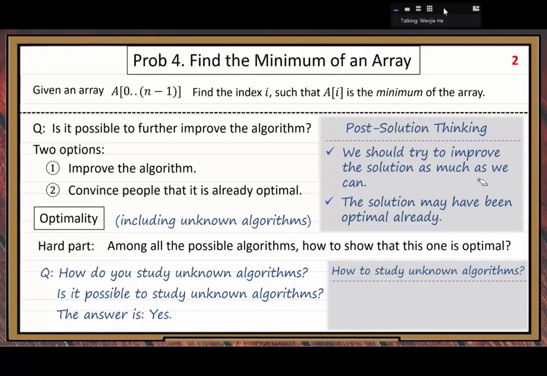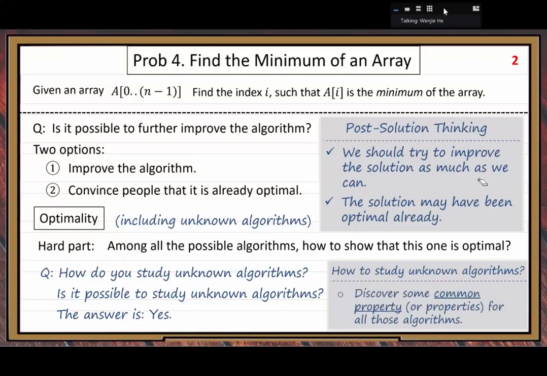When we talk about unknown algorithms, we have partial information about those algorithms, but not 100%. A large part is unknown, but a small portion is known. So we can use that small portion of known information to study the whole unknown algorithm. That's the idea.